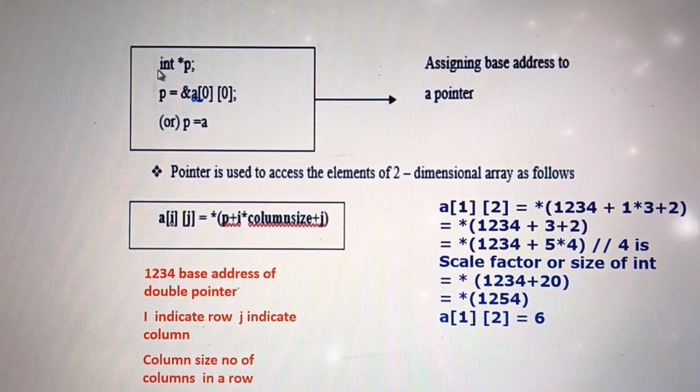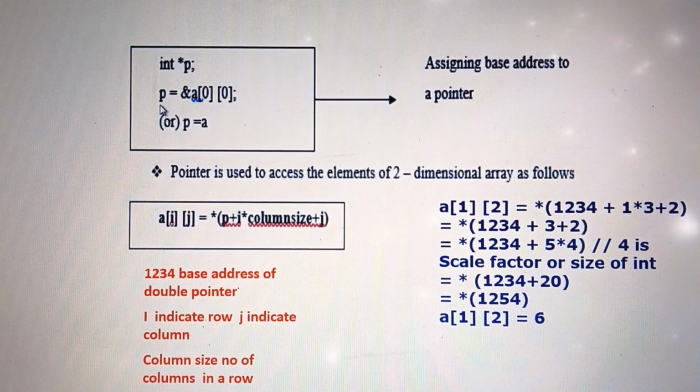Now, to assign the double dimensional array to the pointer, write p is equal to address of a of 0 0. Or you can write p is equal to a. P is equal to a means the address of the first element is stored in the pointer p.